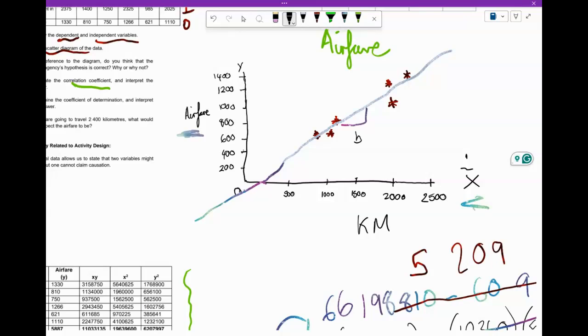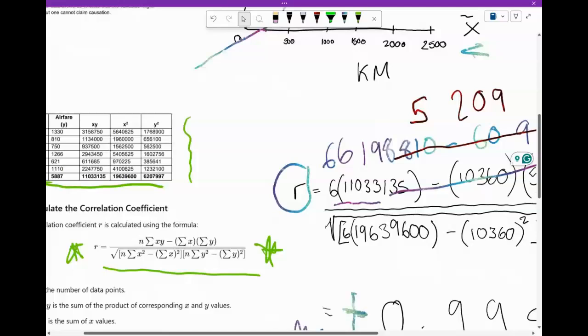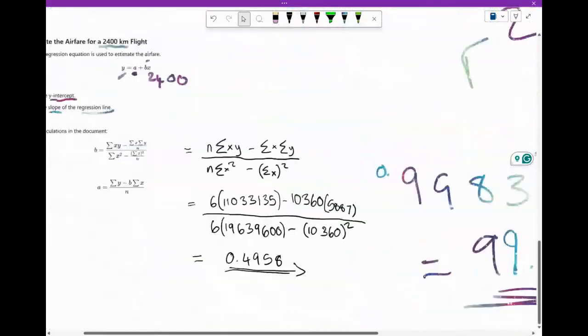For every 1 unit increase in our distance, or 1 unit change in our distance, there's going to be a 0.4958 increase in your dependent variable. Or 0.4958 change in your dependent variable.